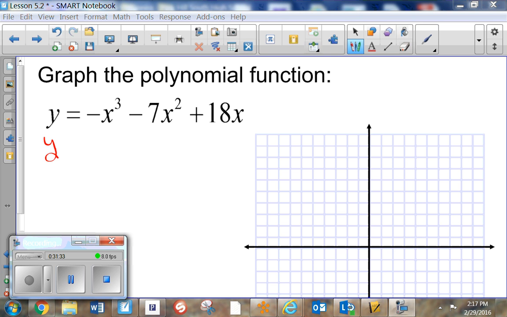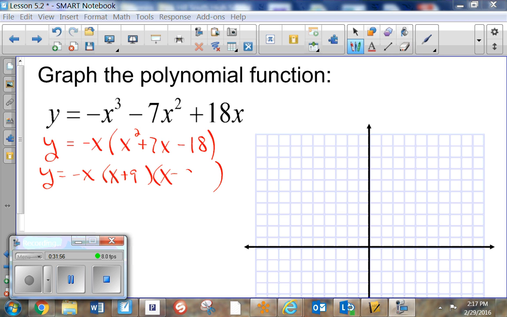And if you have a negative exponent, it's going to pull out a negative x to make our quadratic kind of nice inside. That good? And so, let's just factor this little guy, it's a mini one, no biggie. Plus 9 minus 2. No big deal.